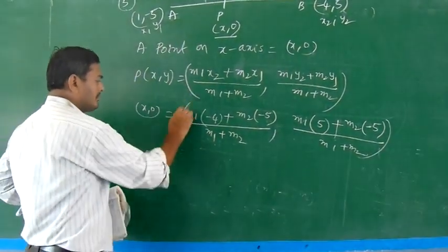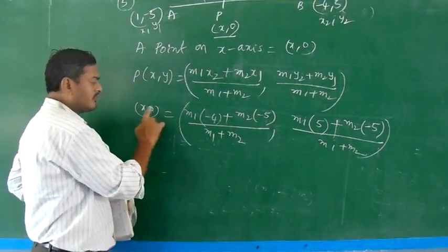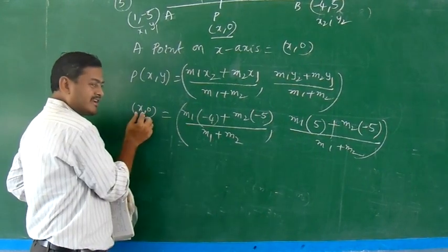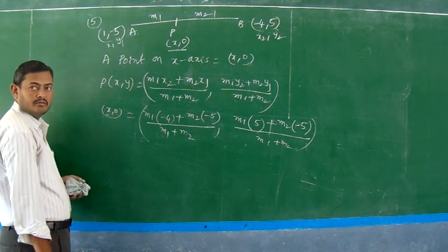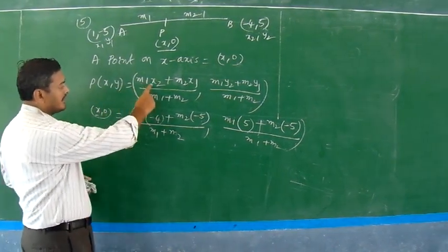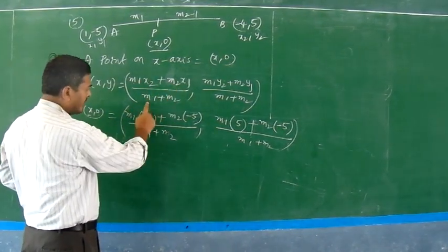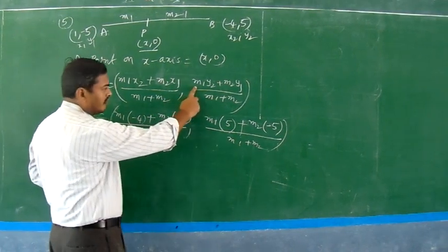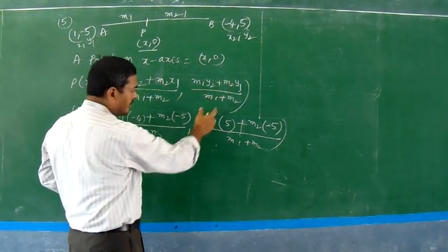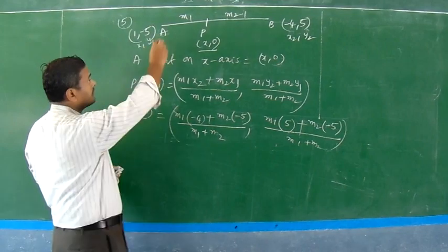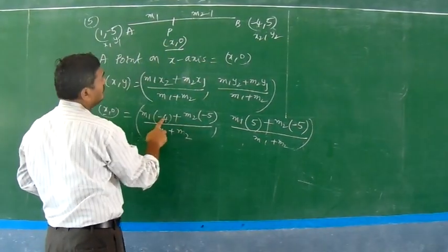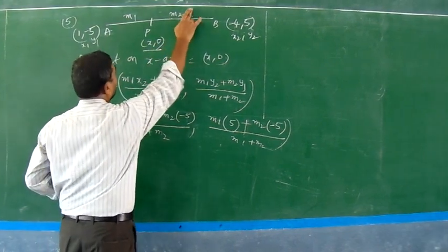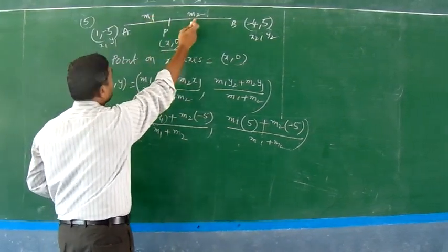Now we are going to compare the x value and the y value. The first coordinate is the abscissa, or x value. P(x, y) equals (m1 x2 plus m2 x1) by (m1 plus m2), comma, (m1 y2 plus m2 y1) by (m1 plus m2).